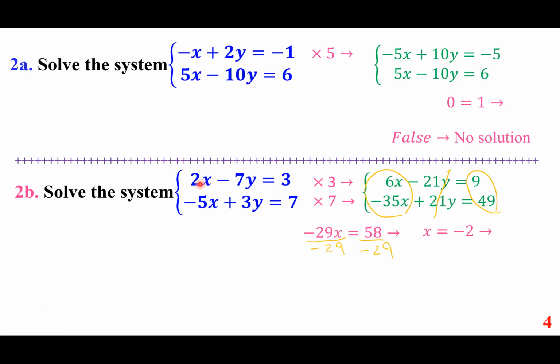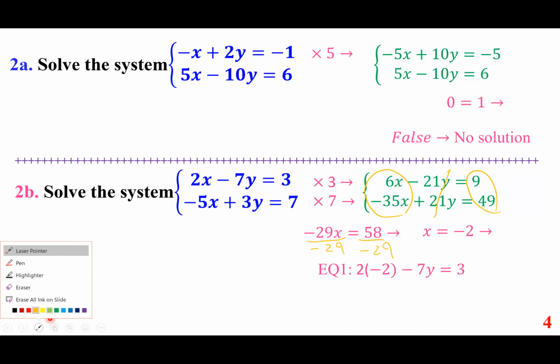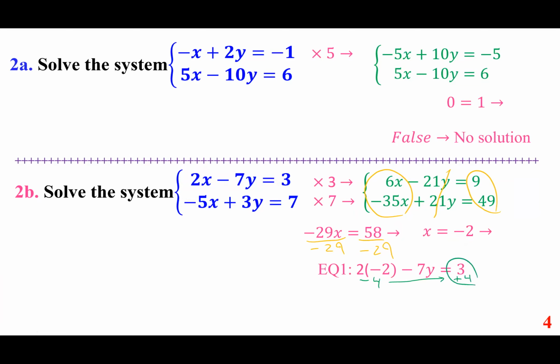For example, this one, 2 times x means 2 times negative 2 minus 7y equals 3. This is negative 4. Over to the other side becomes positive, with 3 becomes 7. Divide both sides by negative 7, and we get negative 1.